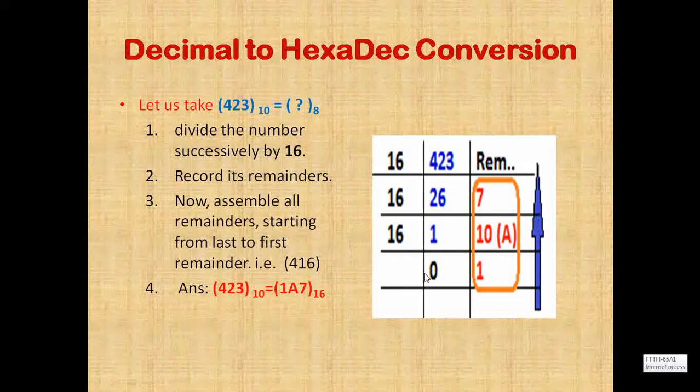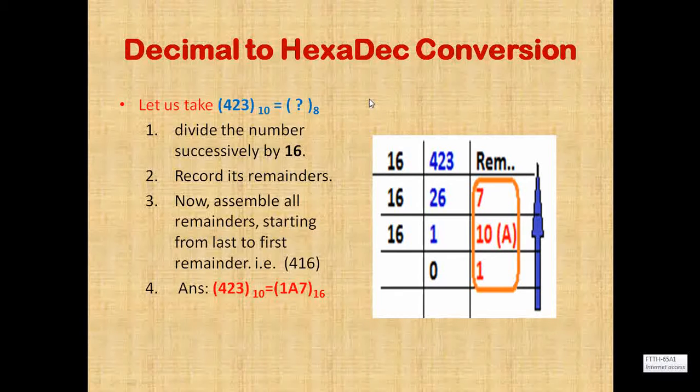Since the quotient has now become 0, we'll stop this process here, and we'll note down remainders from last to first. So we have the remainders as 1, A and 7. So the equivalent hexadecimal number of decimal 423 is 1A7.